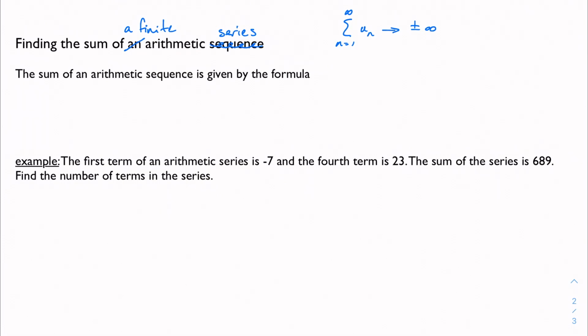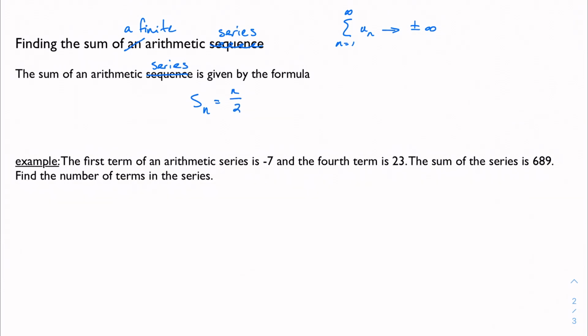So the sum of the terms of an arithmetic series is given by this formula. And it's something that I would normally have you guys explore, but I'm not going to use video time for that. So for now, I'm just going to give it to you. So we have this formula.